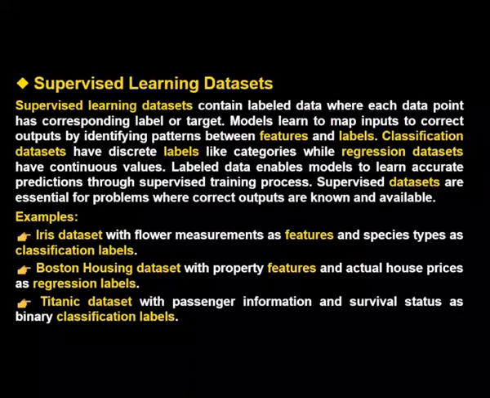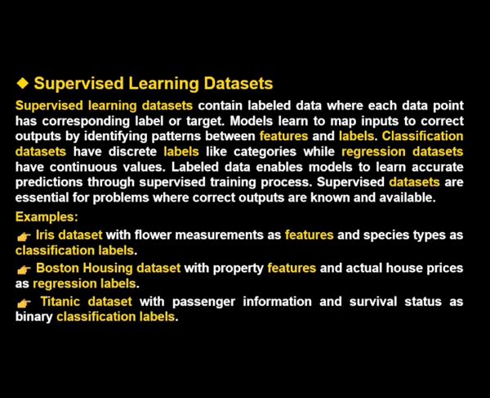The next one is supervised learning datasets. Supervised learning datasets contain labeled data, meaning each input has a known output. The model learns by comparing its predictions with correct labels and adjusting itself accordingly.